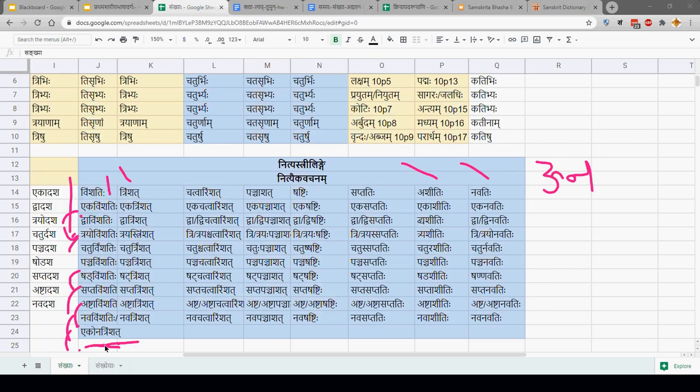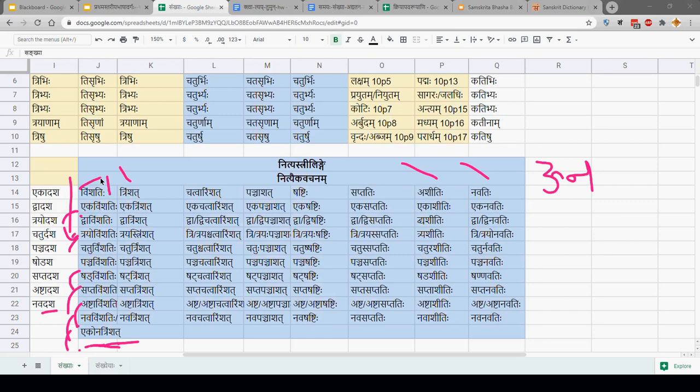Similarly, we can also say Navadasha, which is 19, but one less than 20 we can also say Ekona Vimshatihi. Actually, Ekona can be used with anything. There is no hard and fast rule that the numbers have to be said like this only.